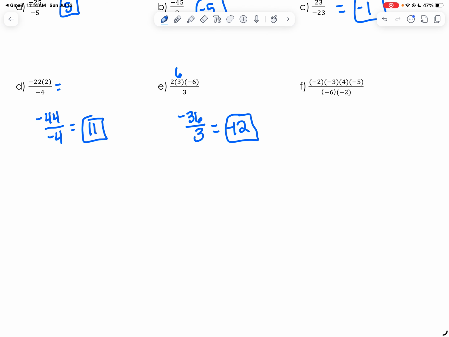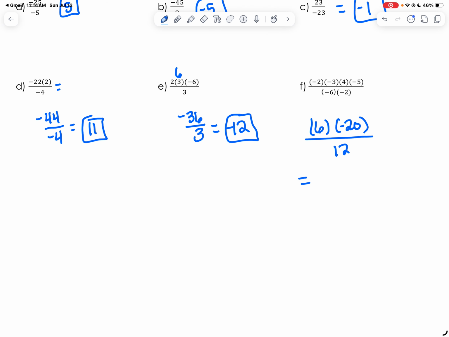All right, problem F. Negative 2 times negative 3 times 4 times negative 5, divided by negative 6 times negative 2. So let's work out the top first. So negative 2 times negative 3 would be positive 6, and 4 times negative 5 would be negative 20. On the bottom, negative 6 times negative 2 would be positive 12.